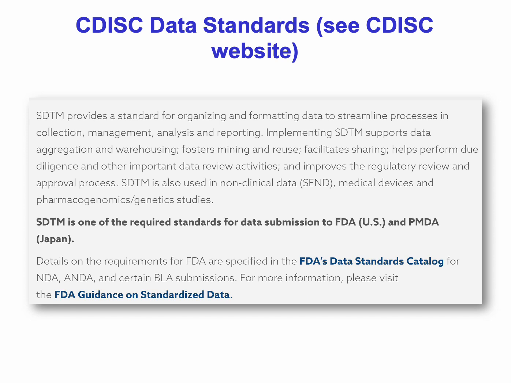So in addition to CDISC, FDA also added a very similar document, same requirements, because it's the same standard, related to, again, data standards. So you can find the FDA's data standards catalog. But again, it's very similar to the CDISC and to the SDTM standards.